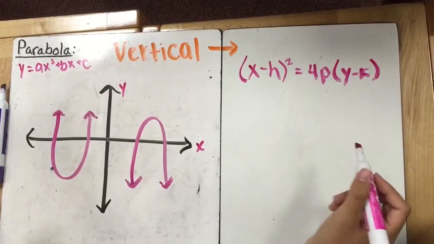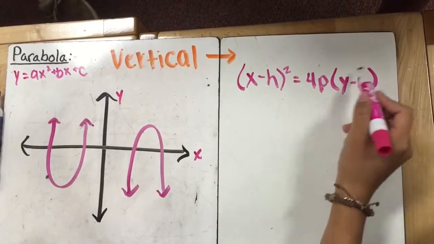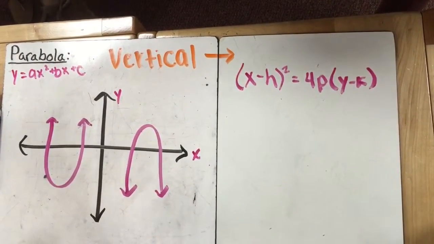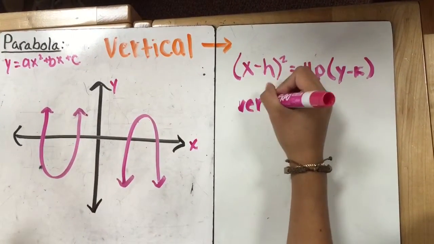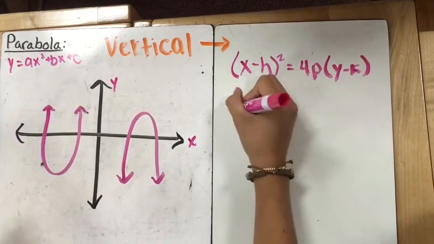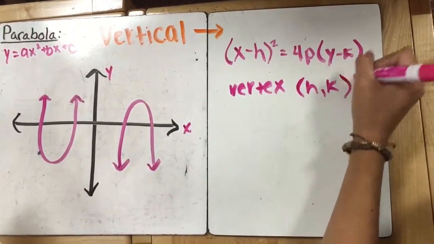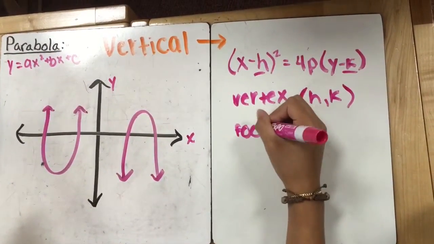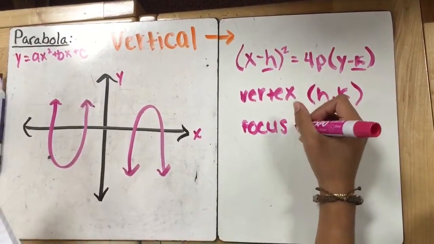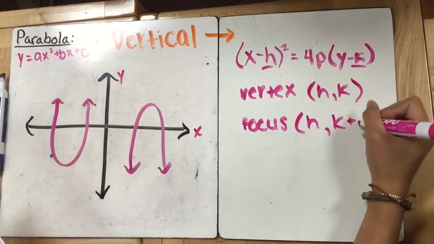It's similar to the last one, the horizontal, except here it's squared and here it's not. The vertex for this will also be h, k, which can be found here. And the focus is going to be different from horizontal: it is h, k plus p.